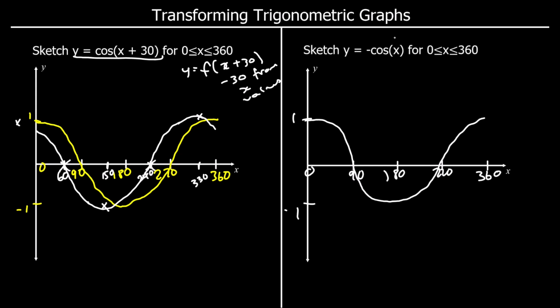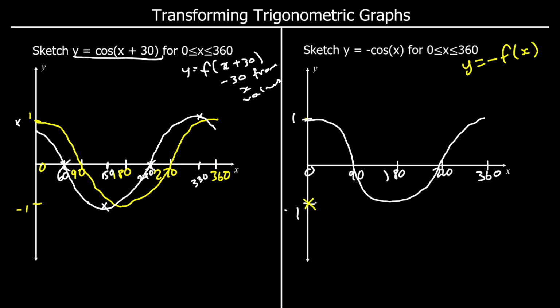So this time the change is outside the bracket. It's the same as y equals minus f of x. All the positive y's are going to become negative. All the negative y's will become positive. So it's multiplying all the y values by negative 1.